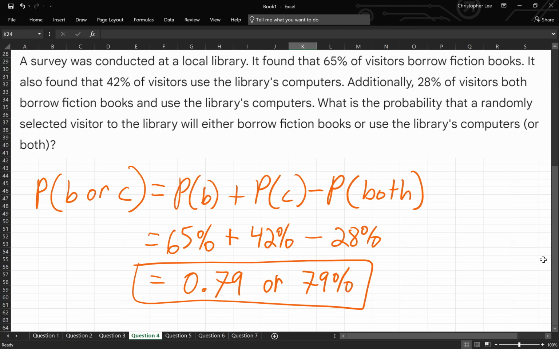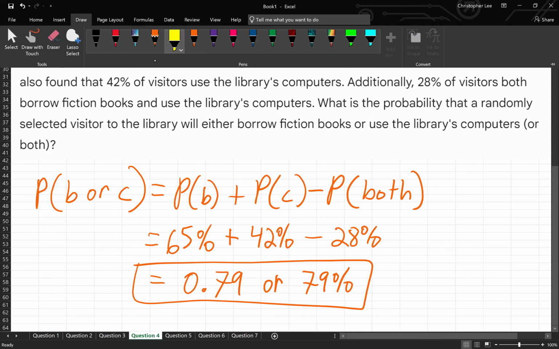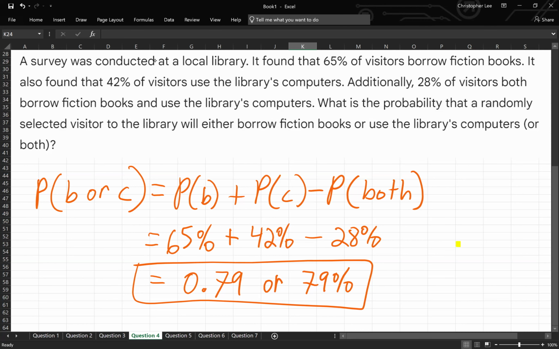Now, I know I just went through this. I didn't even read the story. Let's read the story real quick. A survey was conducted at a local library. Hold on. I'll make this real nice to make up for my failure. It was found that 65% of visitors borrow fiction books. It was found that 42% of visitors use the library's computers, and then 28% of visitors use both.